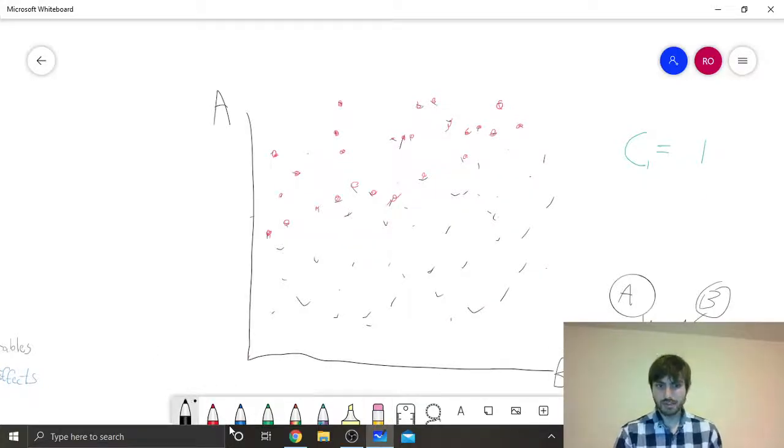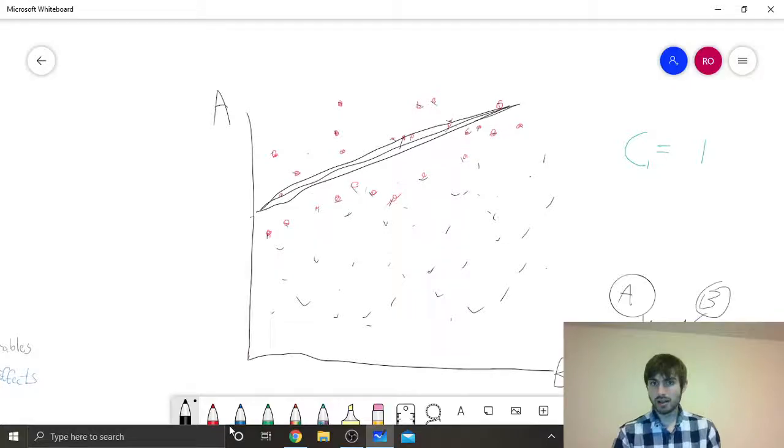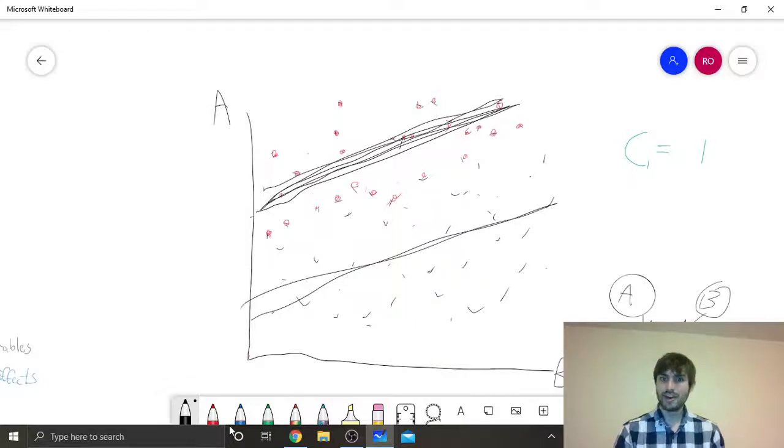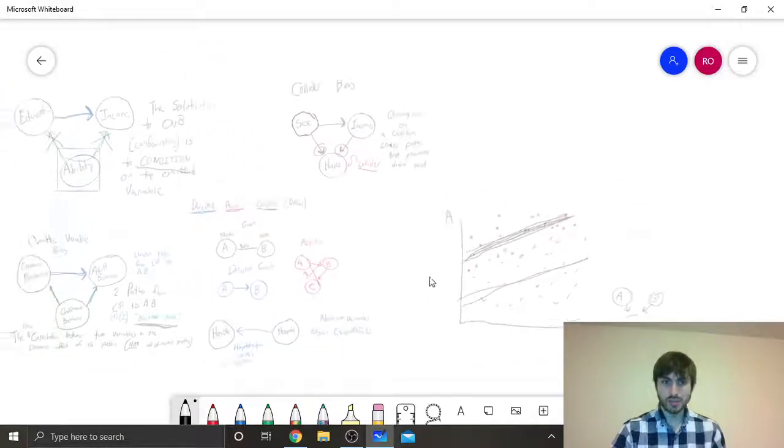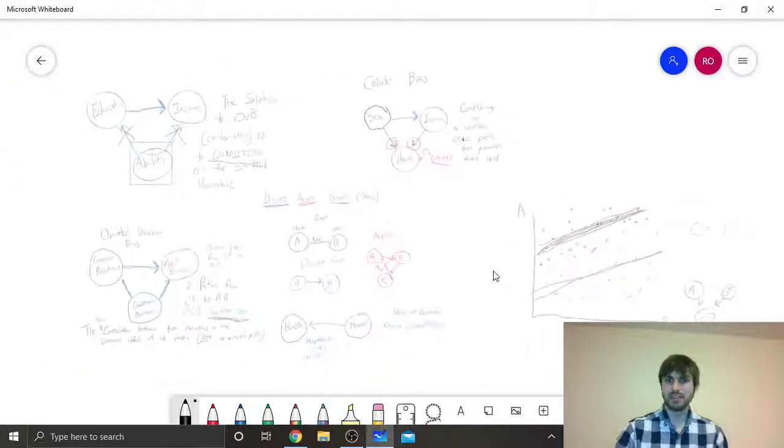But if we were to look at just the red dots, we would see that there is a very clear upward sloping relationship. So if we condition on C, we would find a positive relationship between the two variables where there wasn't one before. And that's why we don't want to condition on a collider.